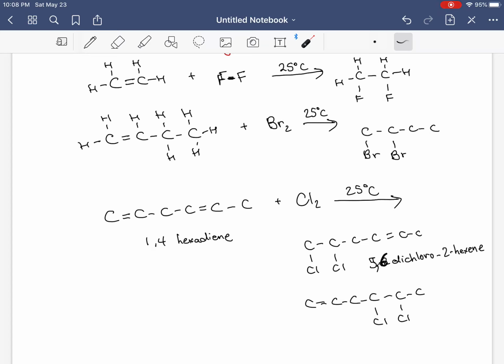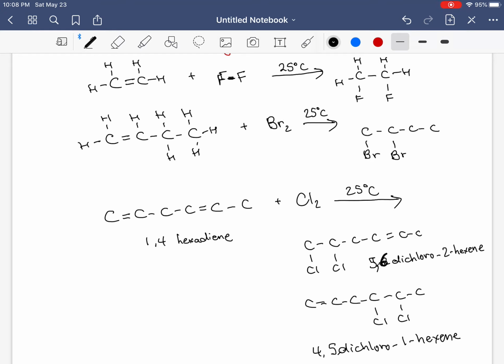So, because of that, this is something different. If I were to ask you to name this, this is not going to be 5,6-dichloro-2-hexene, would it? It will be 4,5-dichloro-1-hexene. You see?